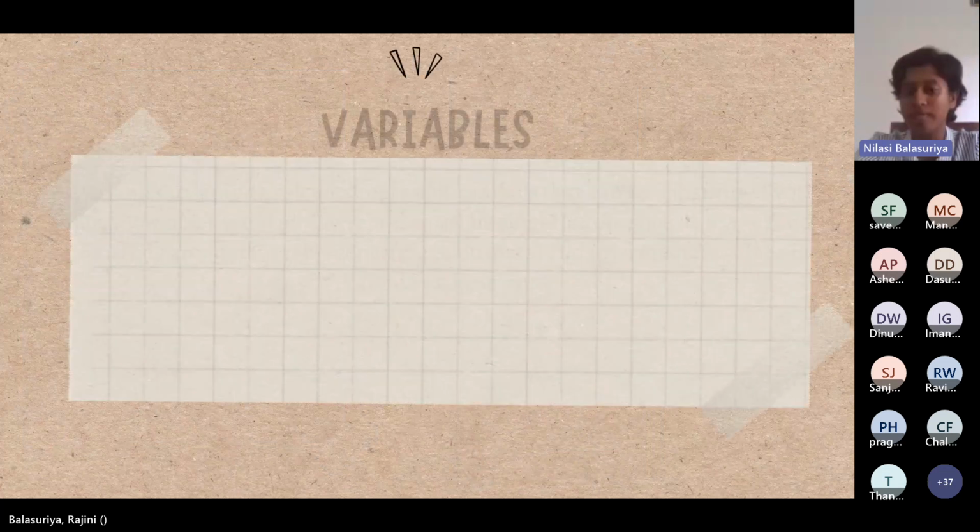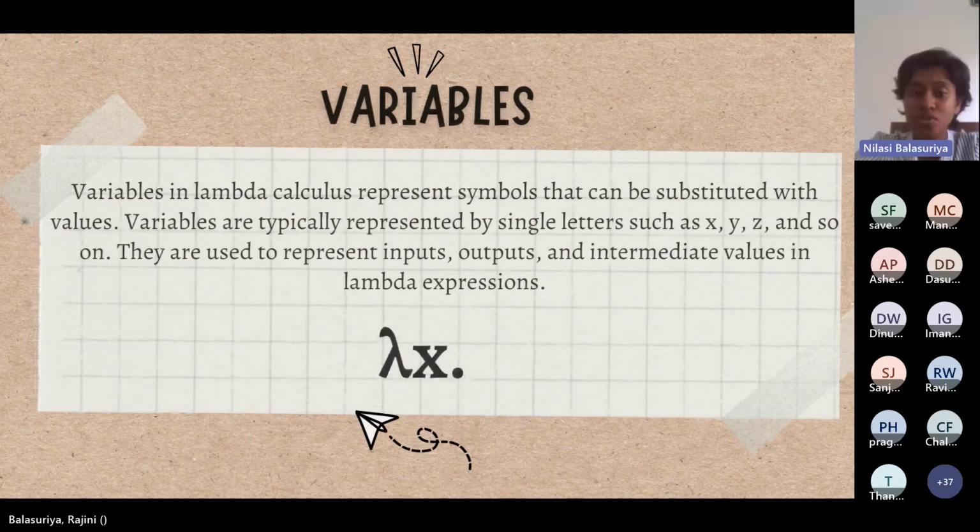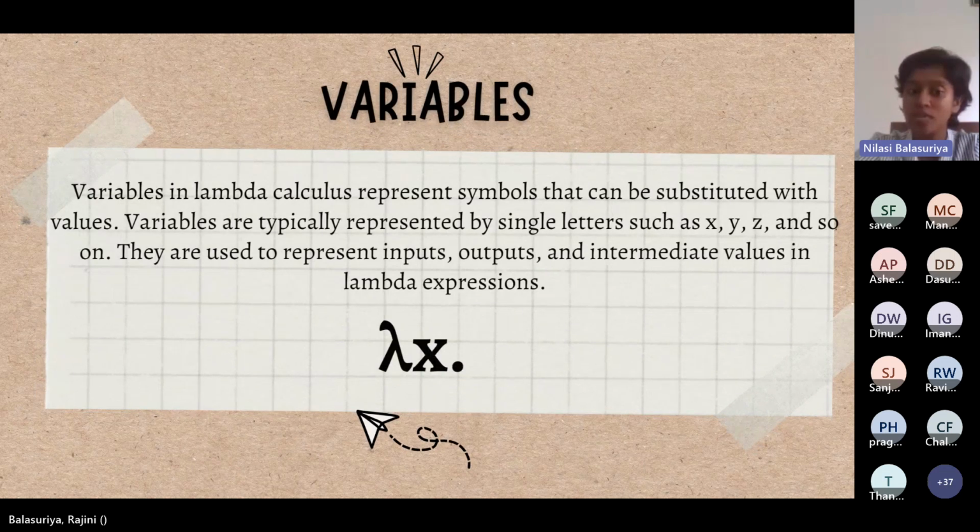To start off with variables. These are used to represent inputs, outputs, and bound variables within lambda expressions. When we are introducing variables, we first write the lambda sign, as Ravindu explained before, followed by the name of the input and a dot, as shown in the given example.